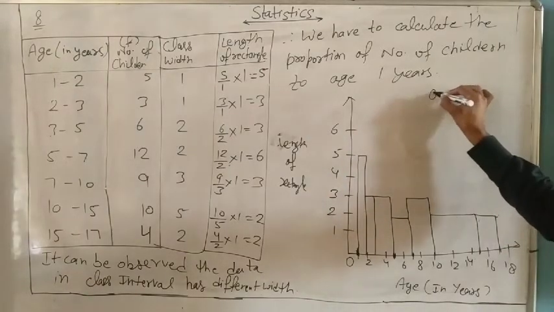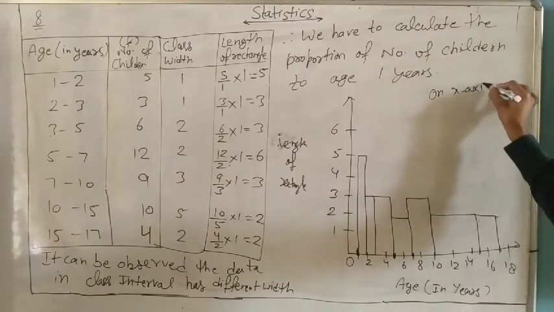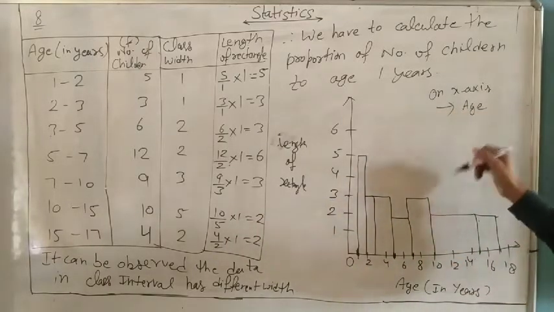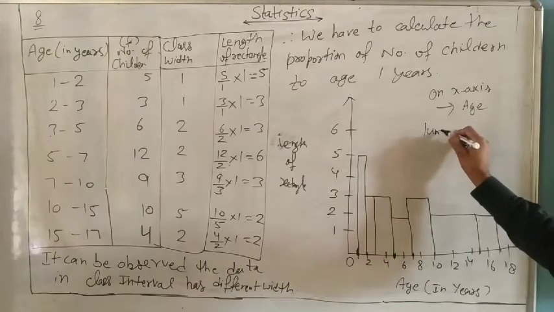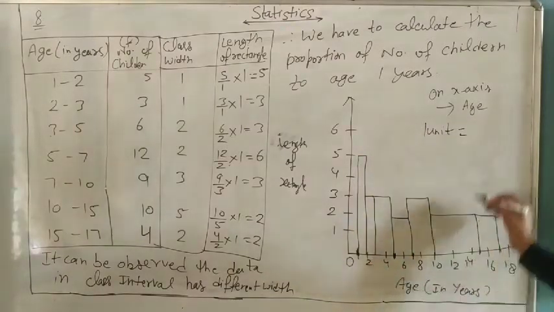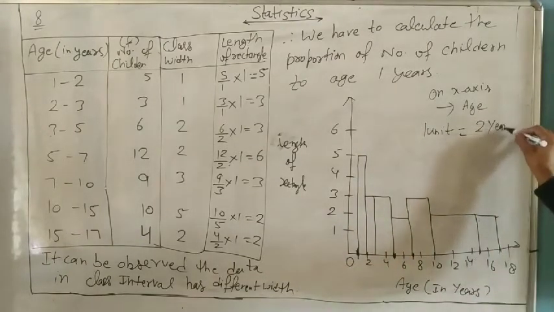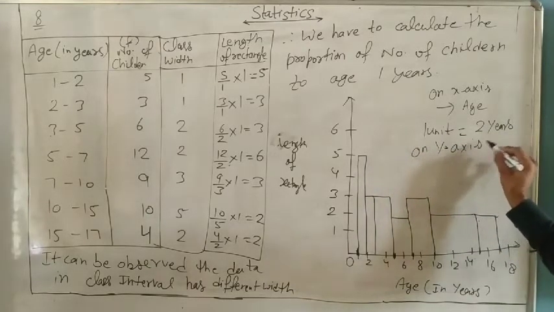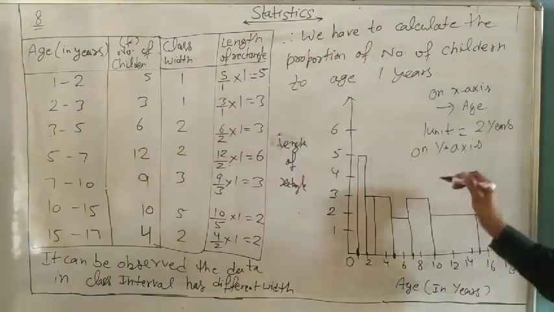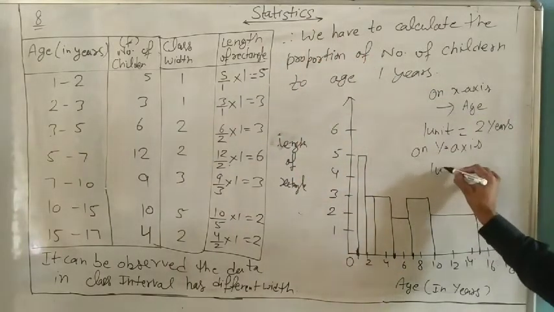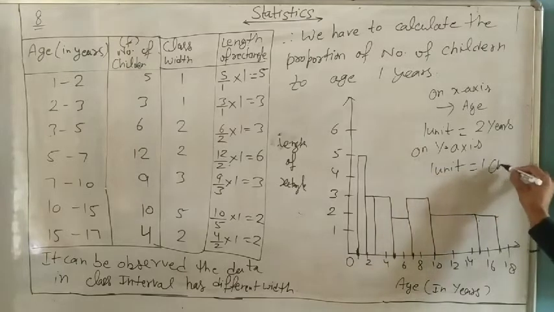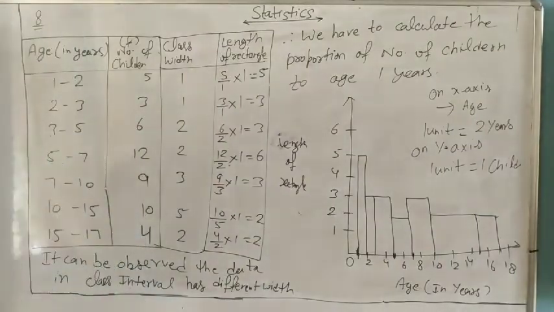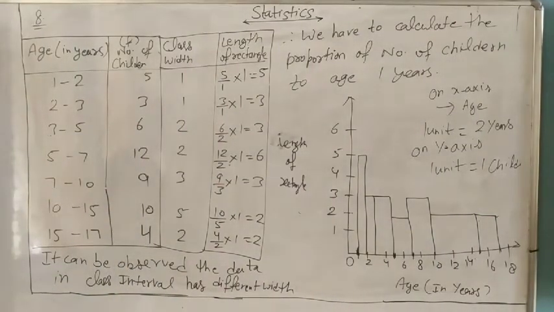Also write on the x-axis, age, where 1 unit is equal to 2 years. Same on the y-axis, number of children, where 1 unit is equal to 1 child, because 1, 2, 3, 4, 5, 6 like this. Note it down and draw its graph.